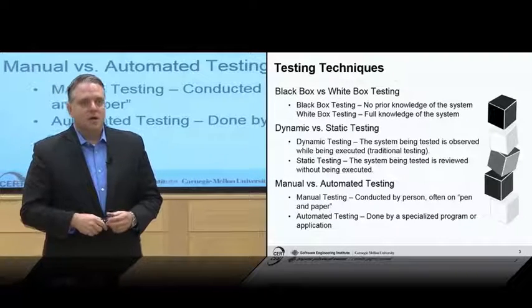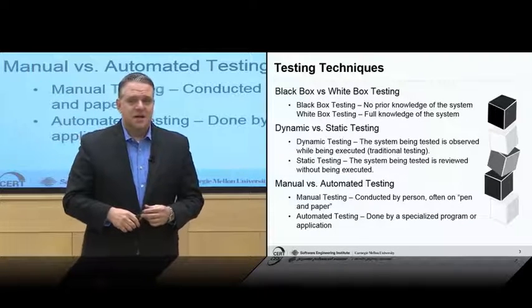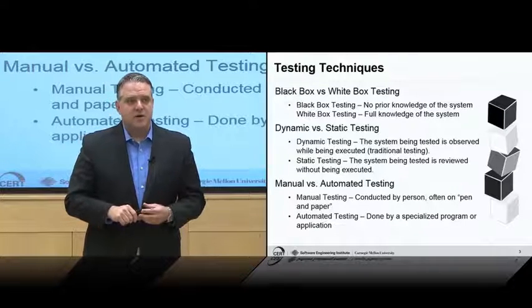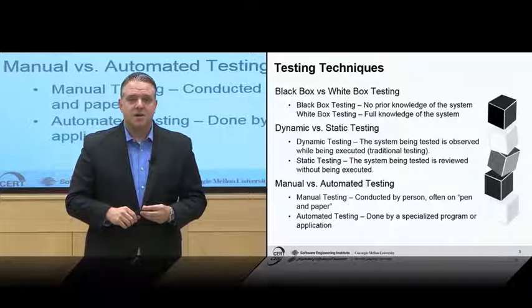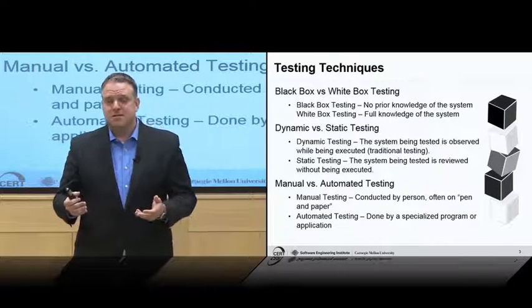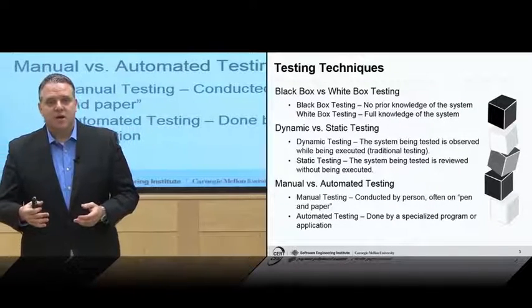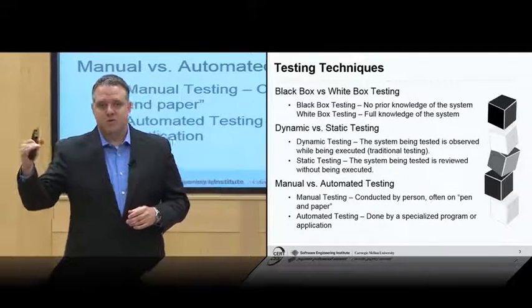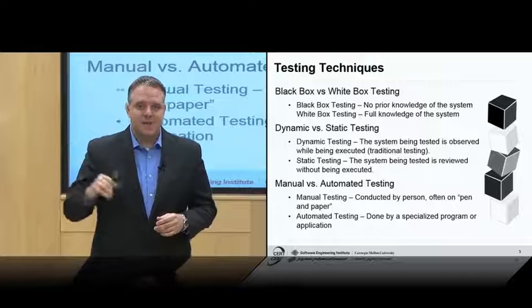There are a lot of different testing techniques out there, a lot of different code review techniques. The first we'll talk about is black box versus white box testing. Black box testing is the idea that you have no prior knowledge of the system, but you're going to try to test against it or attack it.